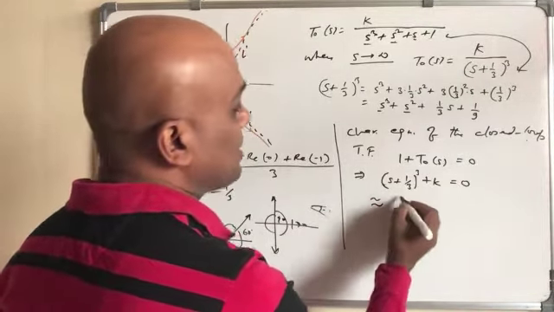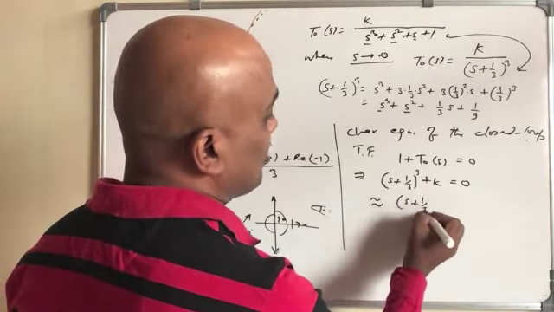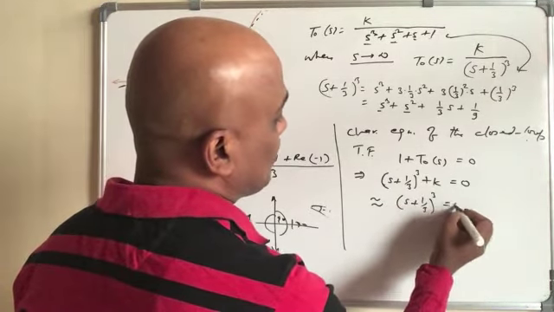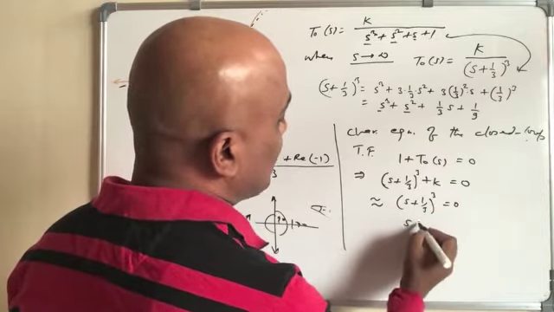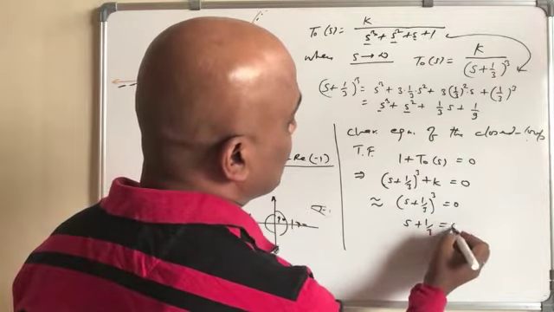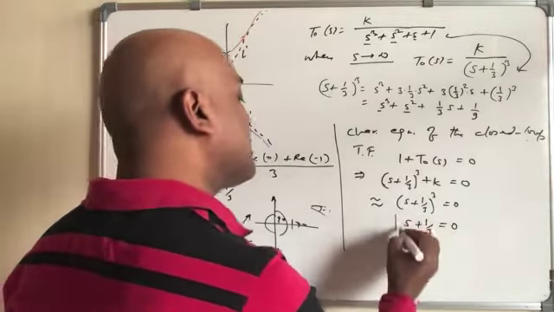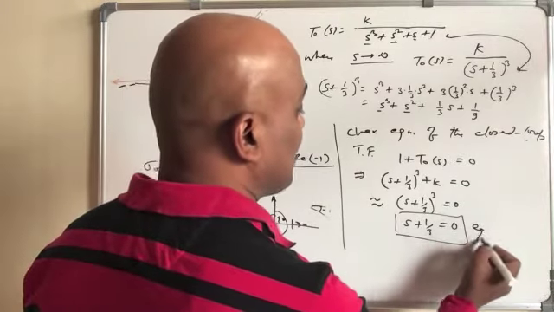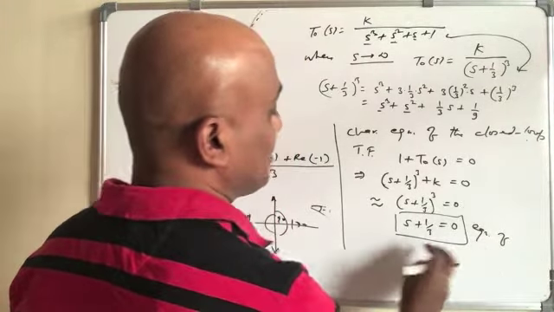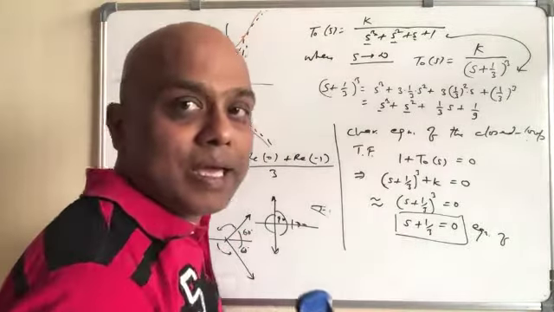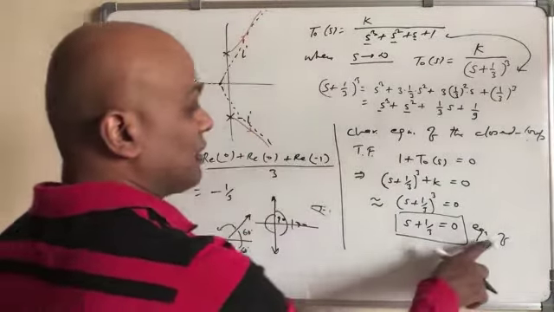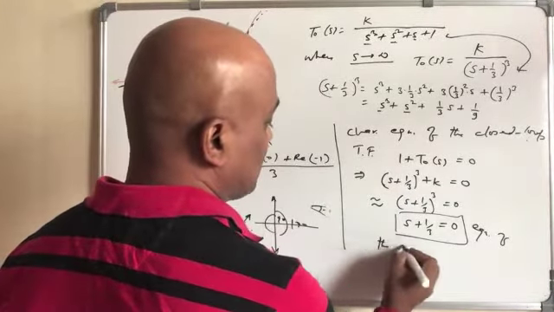So this will simply be (s plus 1/3) to the power 3 equal to 0, or simply s plus 1/3 equal to 0. This is the equation of the asymptote.